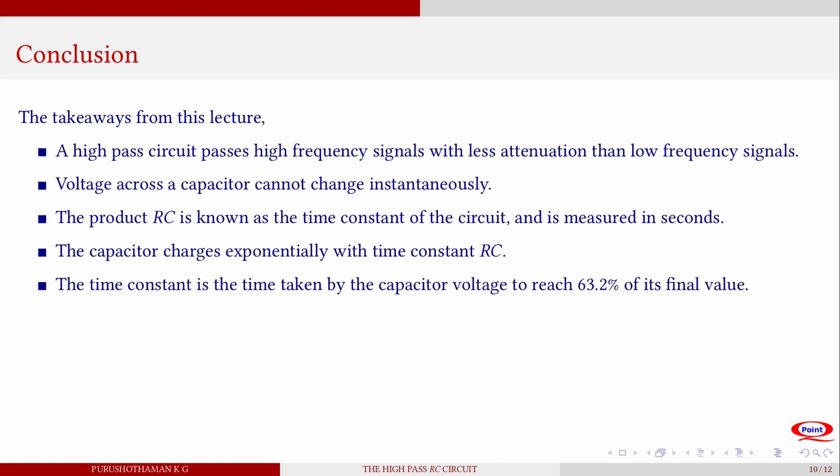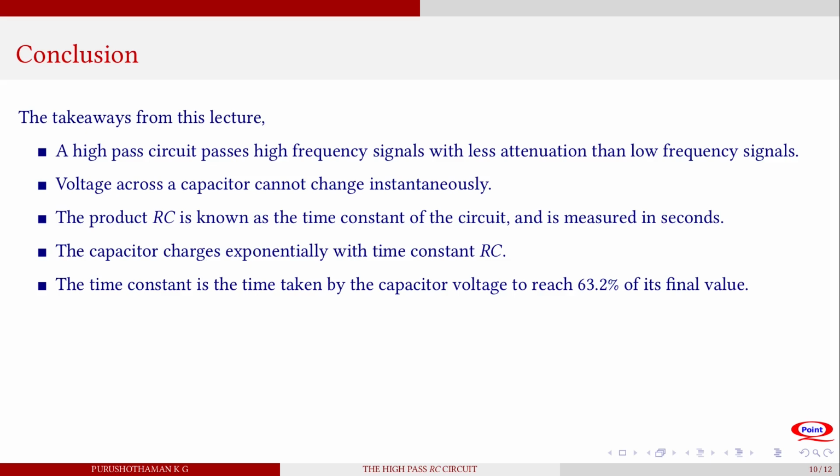The time constant is the time taken by the capacitor voltage to reach 63.2% of its final value. So one point you have to note is the time constant is not the time taken for the capacitor to get fully charged. In one time constant, the capacitor voltage will reach only 63.2% of its final value.